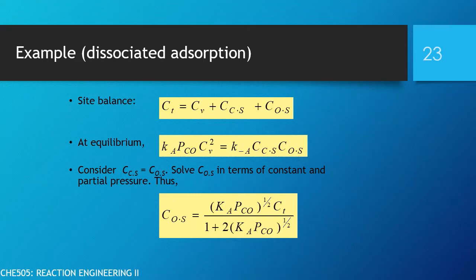Then next step, write the site balance. In this case, because you have carbon and oxygen that attach to the active site, the site balance is C_t equals C_v plus C_C·S plus C_O·S. So that's the difference between non-dissociated and dissociated.